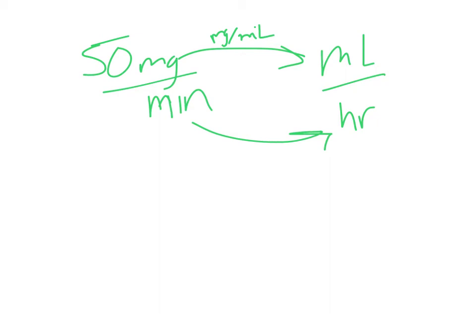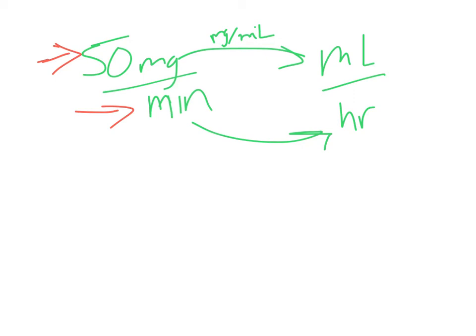If we think about this in a little bit more detail, if a patient is receiving a drug at 50 milligrams per minute, that means they're receiving this 50 milligrams over the course of 1 minute. So in 2 minutes, that's going to double. In 3 minutes, that's going to triple. In 4 minutes, that's going to quadruple. You see where I'm going with this?